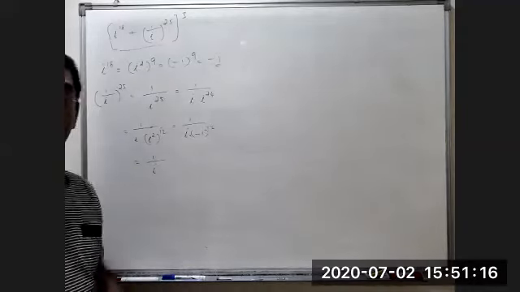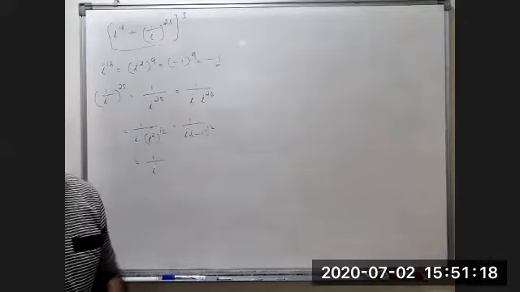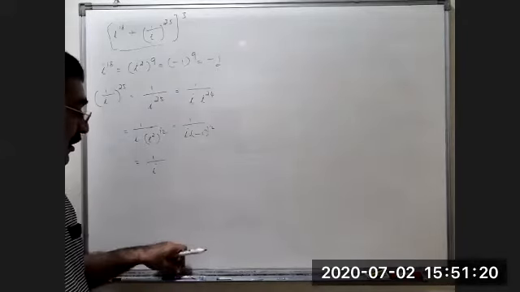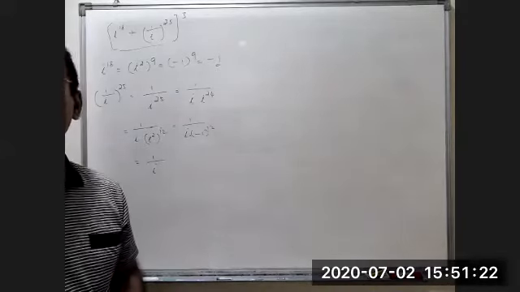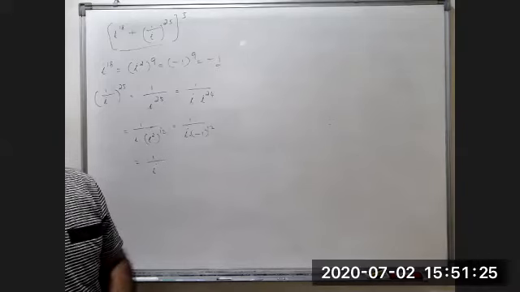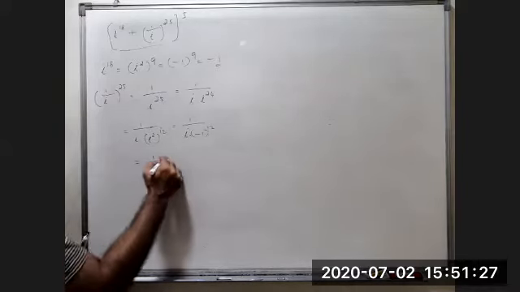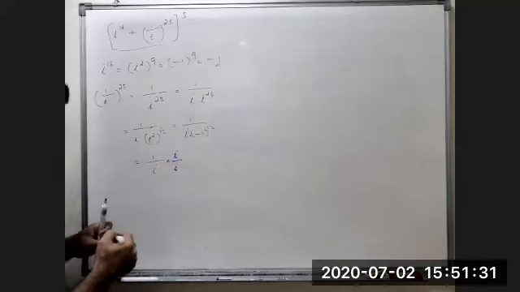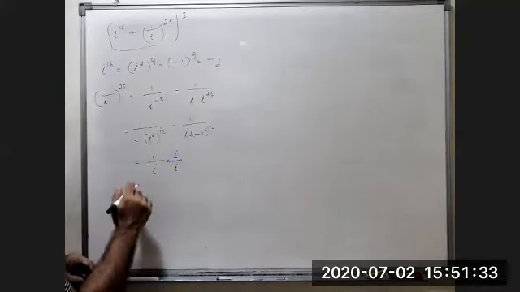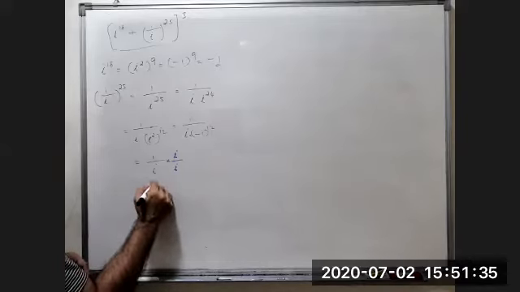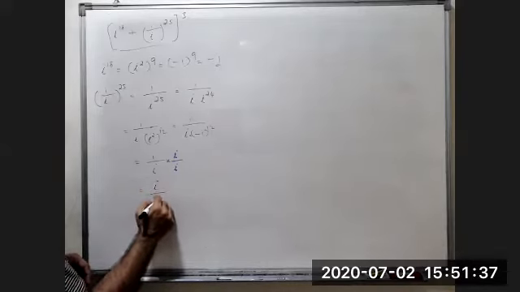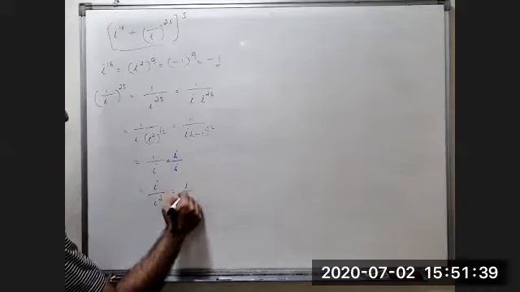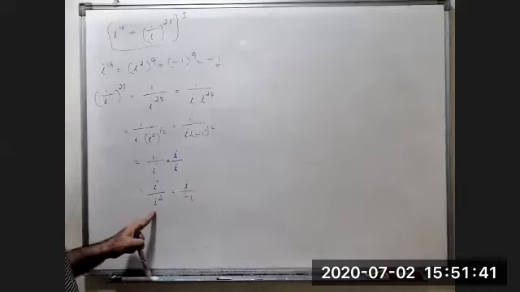Again, evaluating i, we learned it. We never keep i in the denominator. So what to do? We multiply it with i and i. So this will be i by i square, that is i by minus 1, since i square is minus 1.